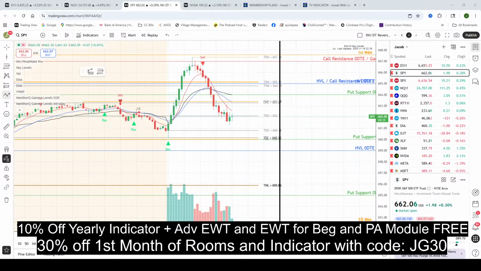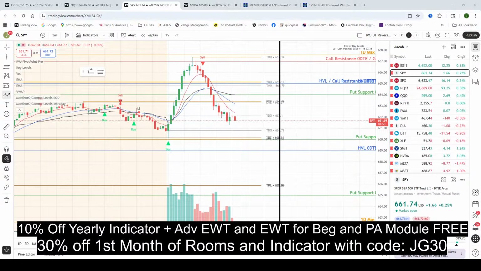Just so you guys are aware, I am sitting on the 663 call strike, should we get a buy signal here. ADD is down to negative 570. It's been mostly falling.